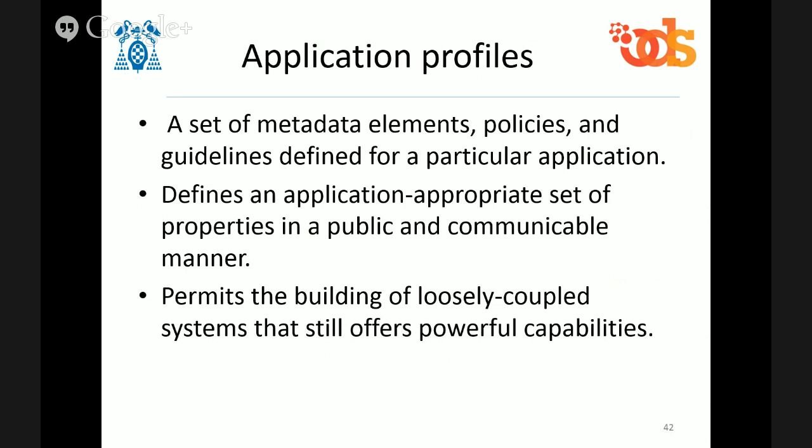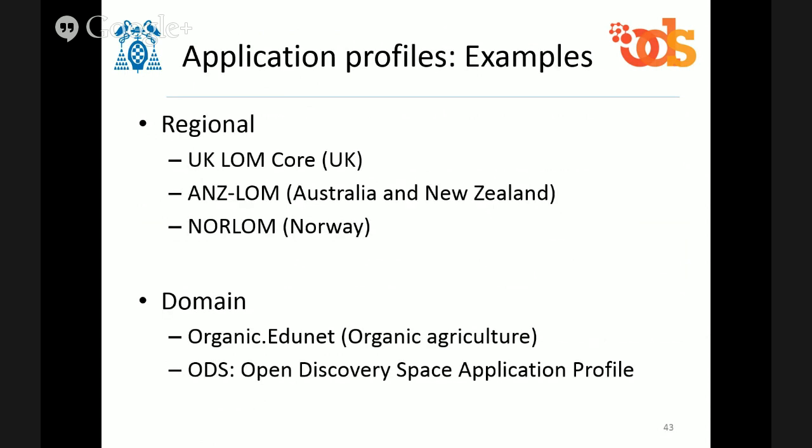Okay, we can enrich, which means putting more information there, information which is required for a particular application. So an application profile defines an application appropriate set of properties in a public and communicable manner, and permits the building of loosely coupled systems that still offer powerful capabilities.